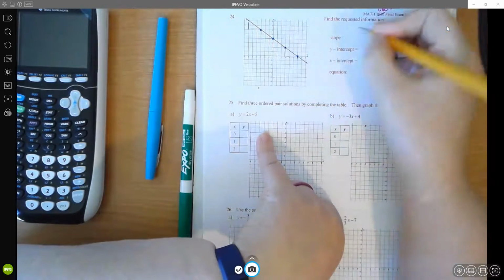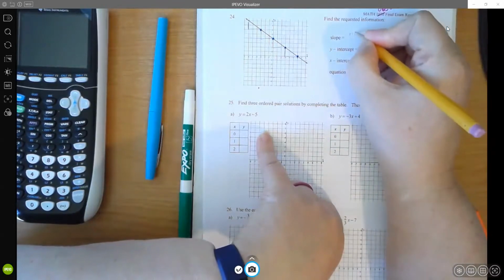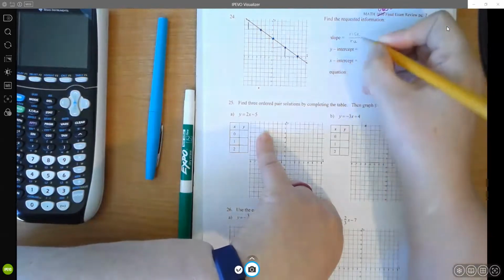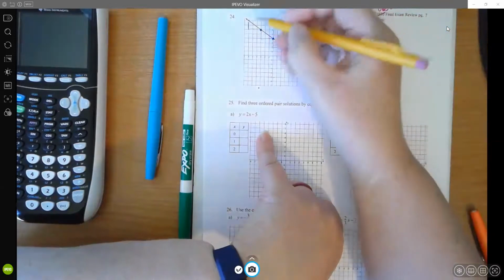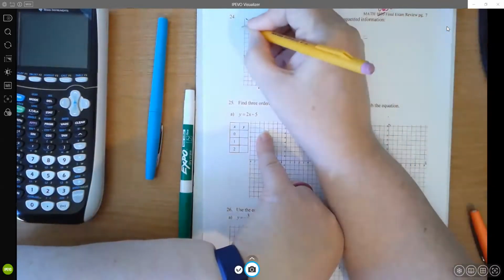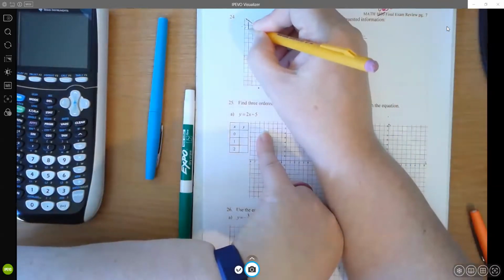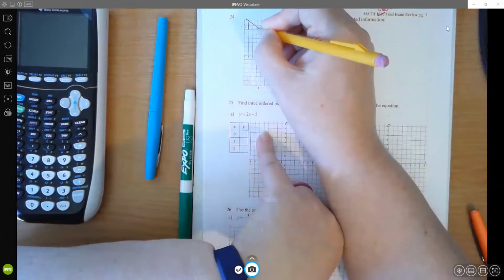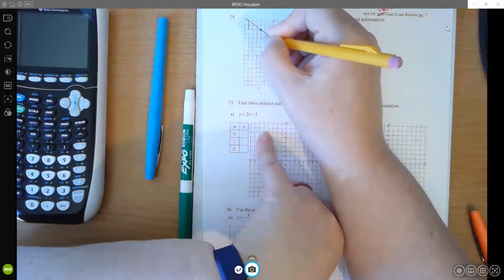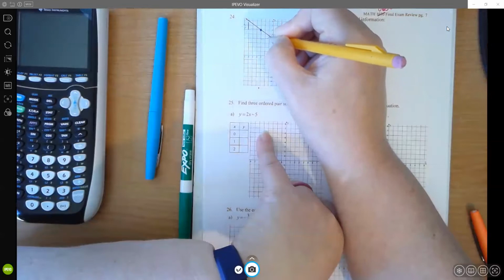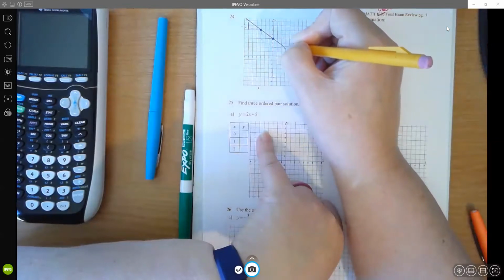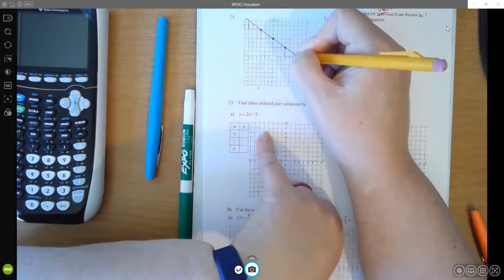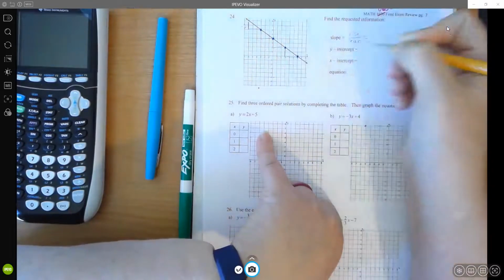But remember, your slope is rise over run. In this case, I went down 2 units over 1, 2, 3. Down 2 over 1, 2, 3, and so on for each step.